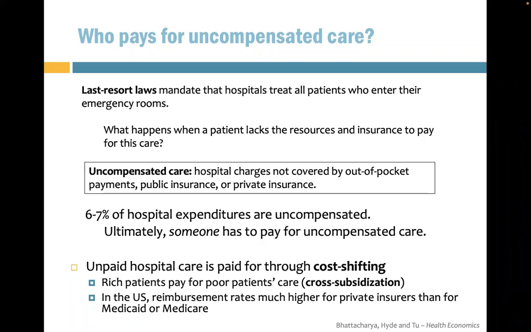Eventually, richer patients pay a little bit more than they are supposed to pay, so that the extra money can cross subsidize the loss when the hospital treats patients who are not able to pay for it. In the US, reimbursement rates are much higher for private insurance than for Medicaid and Medicare.